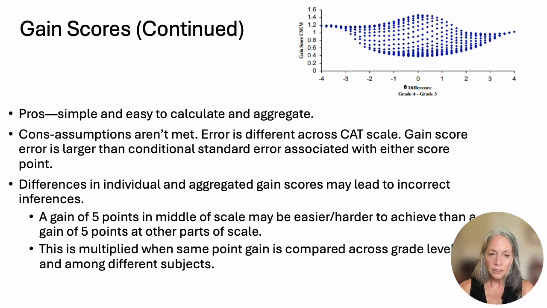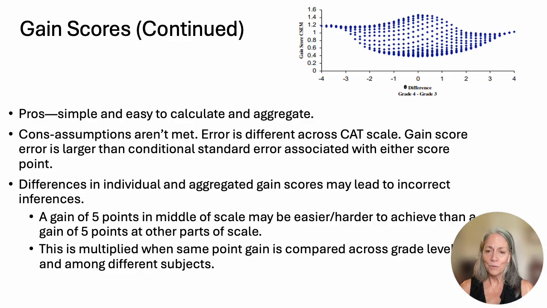Now, this is technical. The pro of a gain score is it's simple and easy to calculate and aggregate. The con is the assumptions aren't met. So that means error is different. The gain score error is larger than the error of either point in time. And you can see from this diagram that there's more error around the change in achievement around the middle.